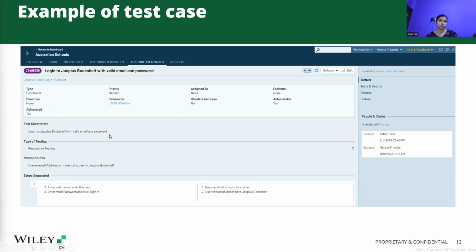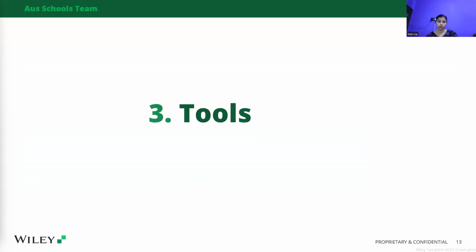You have a test description, type of testing, and then the precondition, the steps, and the expected results. Also, you can see who has created, who has updated, and the date and the time.